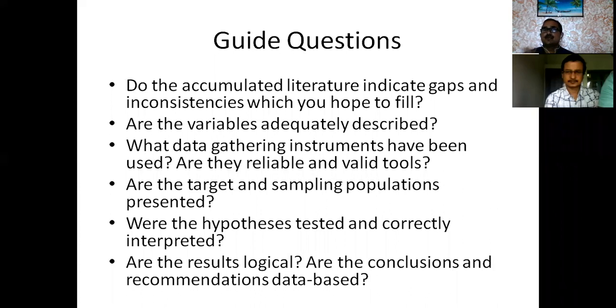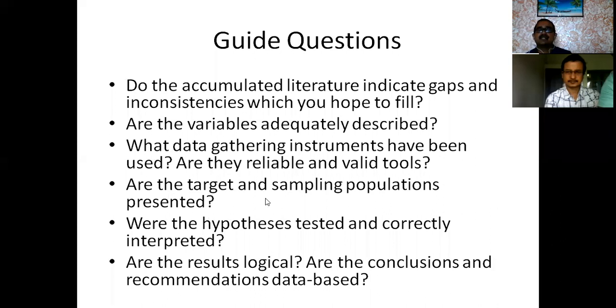So this tool may be rejected in your research, because it was not the perfect tool to conduct that research, or it was not the most recent scale to conduct that study. So we'll have to adopt this recent scale. This is a very important point which is to be made clear.